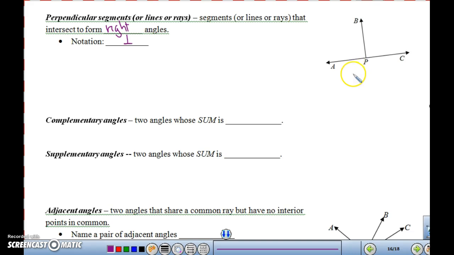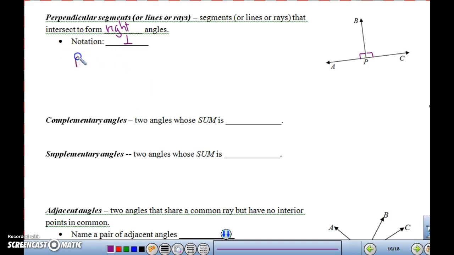So for example, say that I knew that these two segments were perpendicular. Now, I don't see it here, but how would I know it's perpendicular? Well, if there was a little box here in the corner. The little box in the corner, remember, means right angles. Unless you are told they are perpendicular, do not assume. So, if I know right here that these two angles are right angles, if angle APB and BPC are right angles, then I can say these lines are perpendicular.